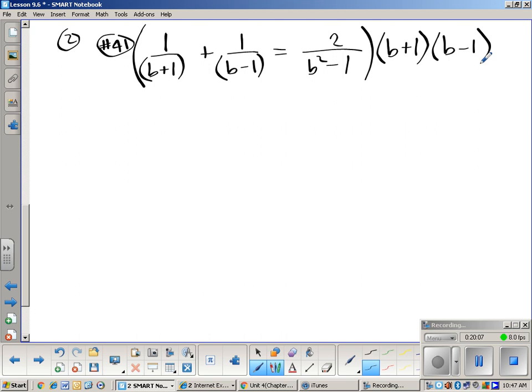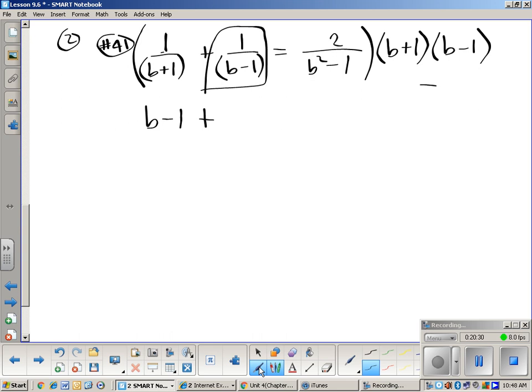So when I go to this first fraction, what is going to cancel? B plus 1, leaving me with b minus 1 times 1, which is b minus 1. Plus, when I multiply the second fraction, what's going to cancel?